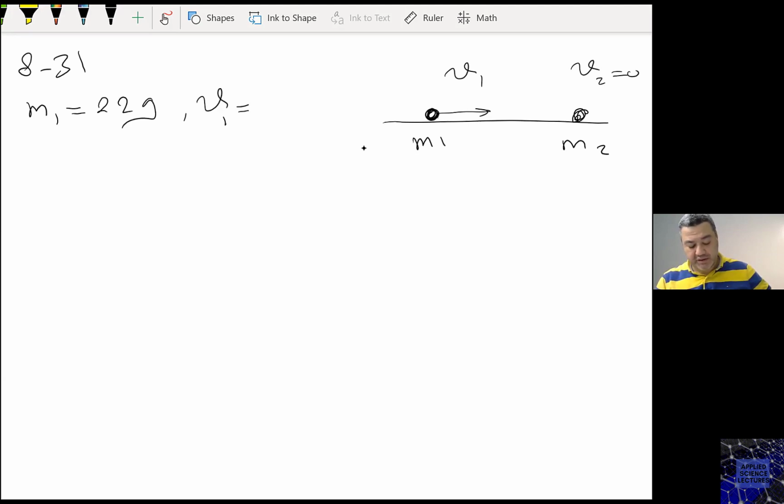V1 is 3.5 meters per second. M2 is 27 grams. V2 is 0.